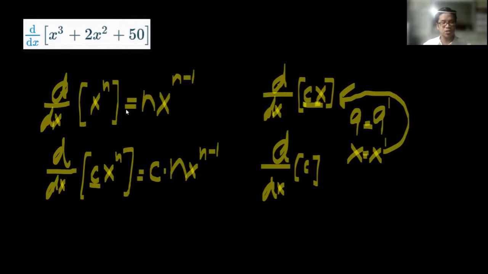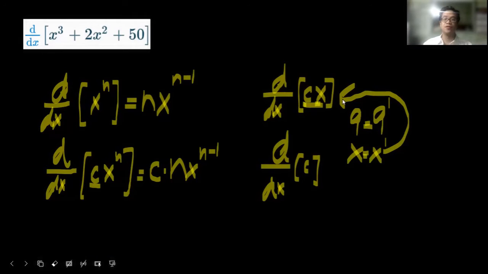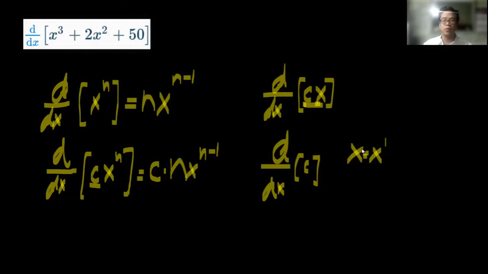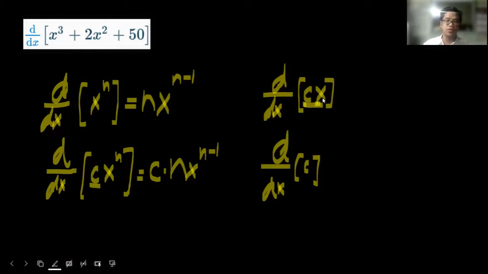So it is once again similar to the first rule that I already introduced to you, the power rule, wherein you have a variable and an exponent. But in this case, the exponent of your variable x is equal to 1, so just remove the x and copy the coefficient. That's what you're going to do.